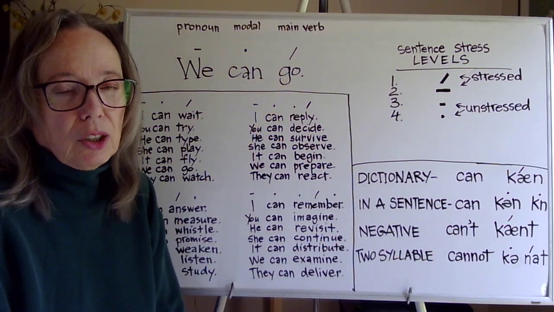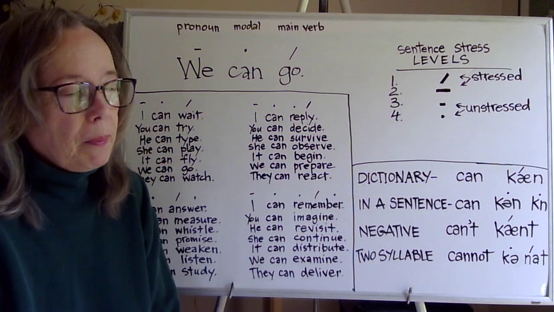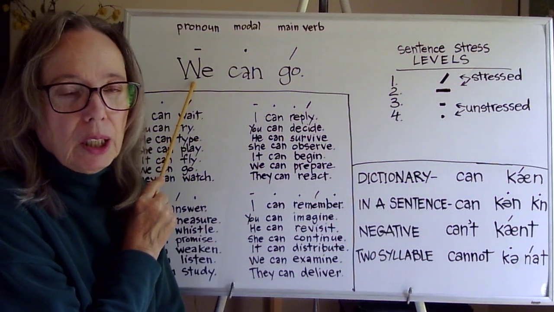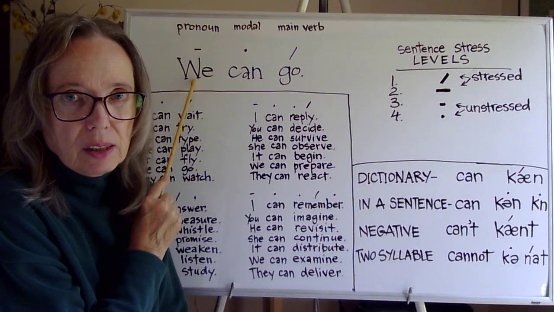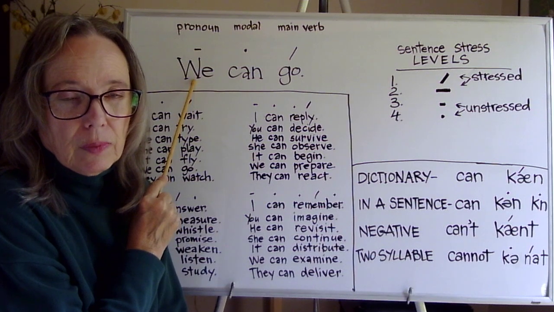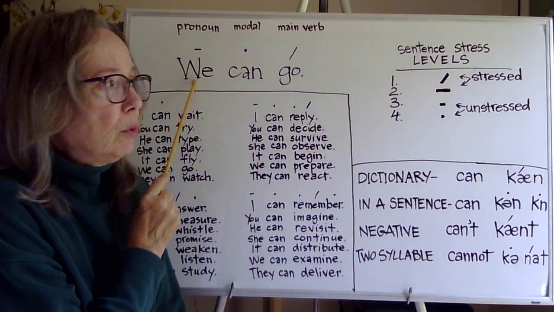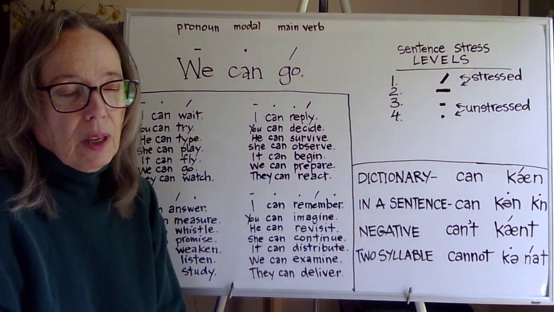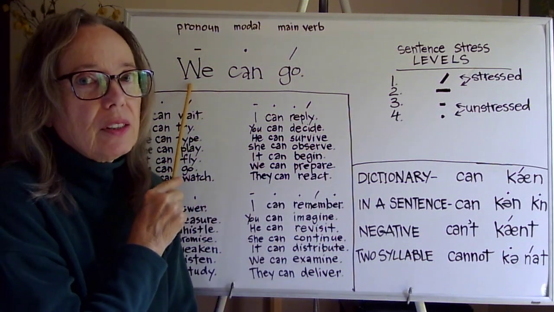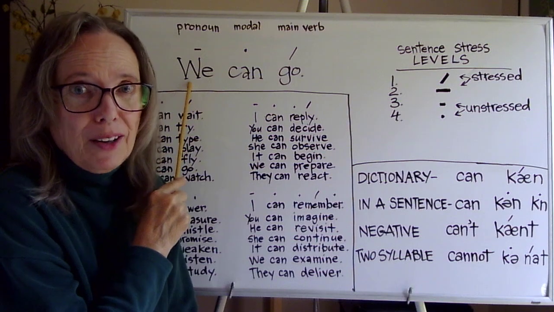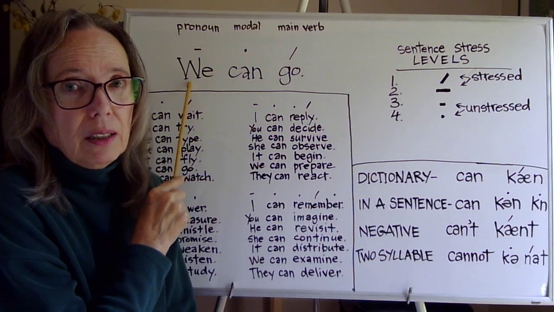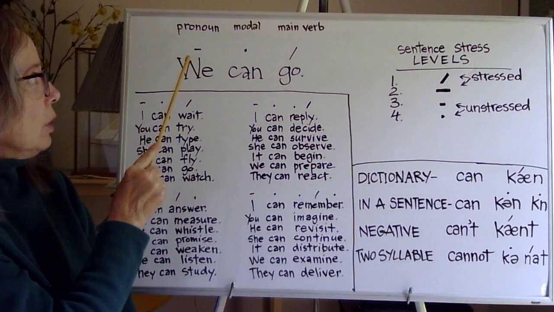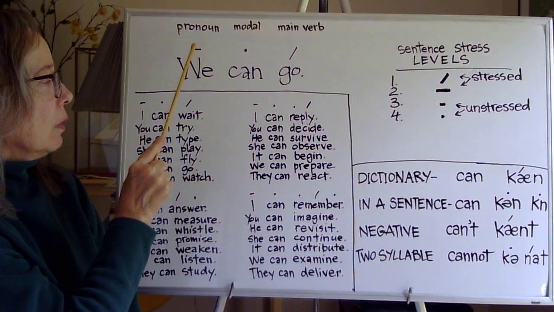First, let's look at the pronoun. All pronouns in English are unstressed in sentences, but they don't always have this stress or this stress. When they are the subject of the sentence, they will have stress number 3, and I put the little mark up here.